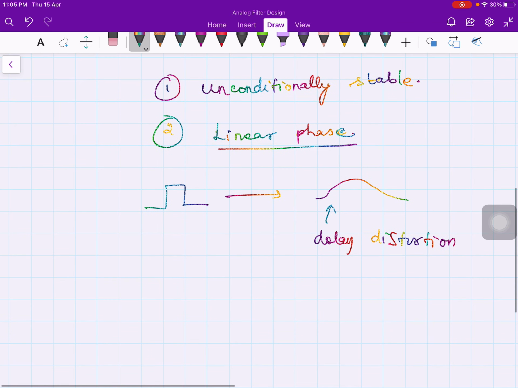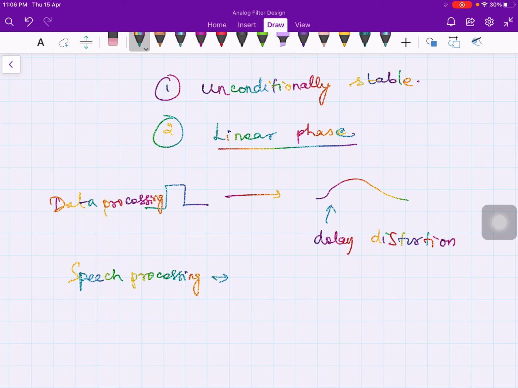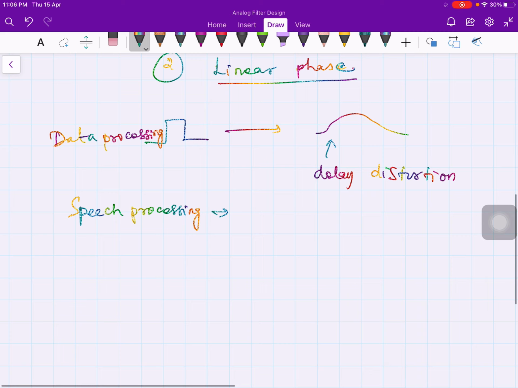Similarly, you may have speech processing. So there also we need a FIR filter. So in speech processing, linear phase is a strict requirement. So you have to use FIR filters.